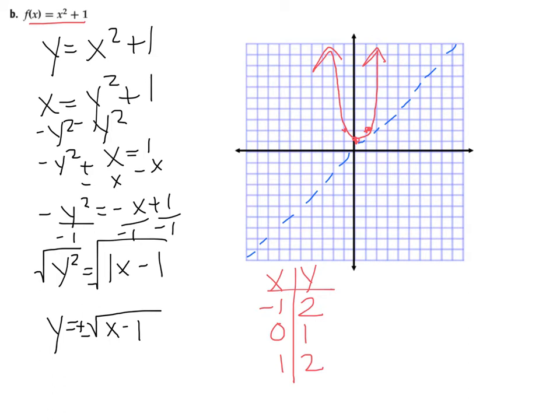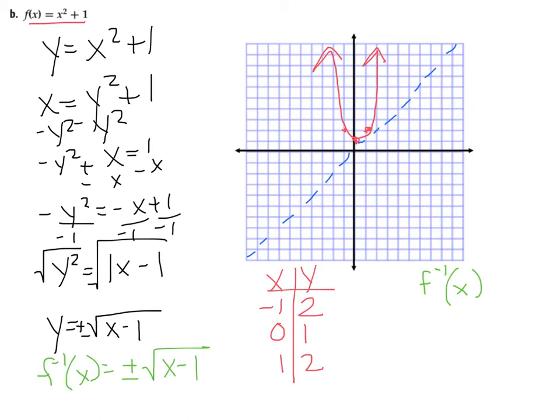So in this case, instead of -1, 2, I'm going to have 2, -1. I'm actually going to do this in a different color. And so my inverse, f inverse of x, for my final answer is plus or minus the square root of x minus 1.